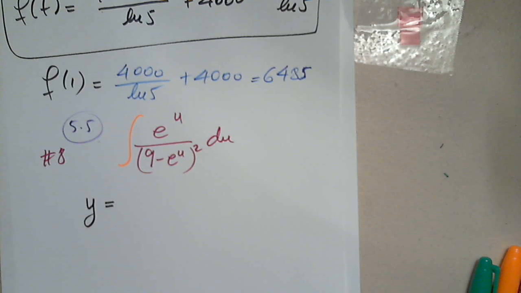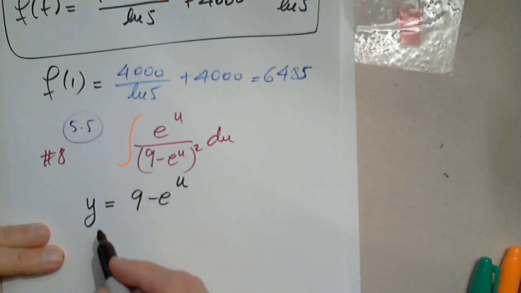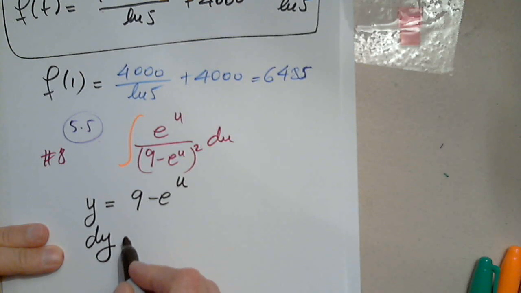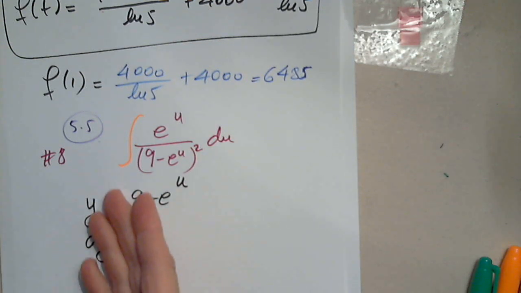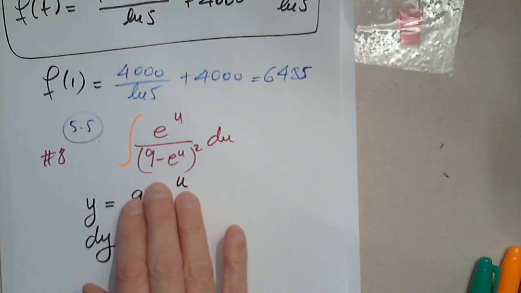And then we'll talk about it. What could be the substitution? 9 minus e to u. Yes. I would recommend that. Only if du is in the problem. So please give me the differential, not the derivative, the differential of this function.